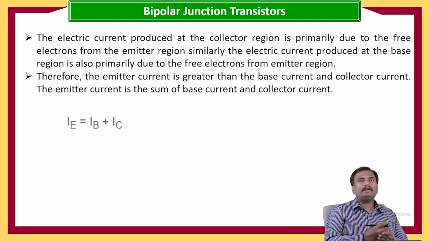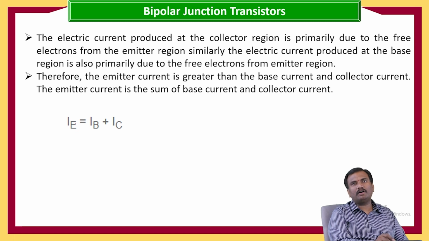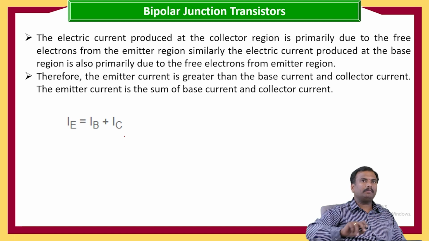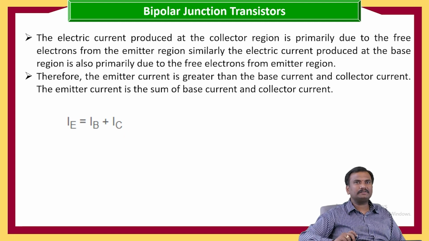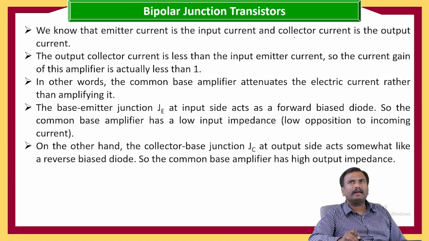Here, the emitter current is always greater than the collector and base current. Because the emitter has more electrons, the current flow is also more. So, emitter current is equal to base current plus collector current. The emitter current is the input current and the collector current is the output current.